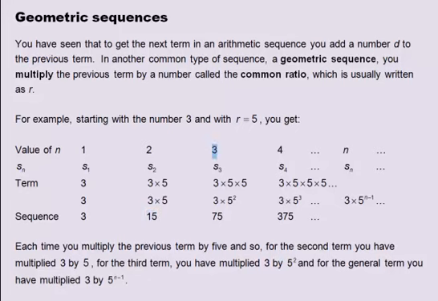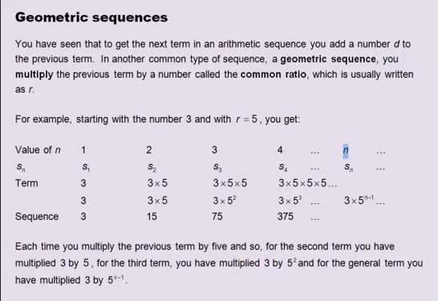When n is 3, the term S3 is 3 multiplied by 5 multiplied by 5, or 3 times 5 squared, which is 75. When n is 4, we have S4, which is 3 times 5 times 5 times 5, which is 3 times 5 cubed, or 375.